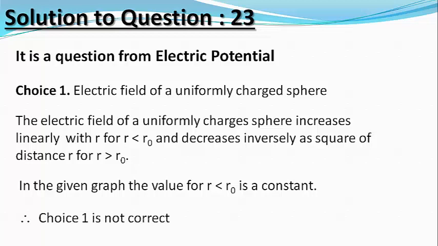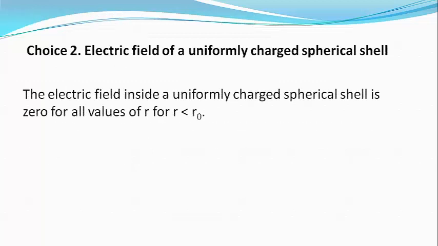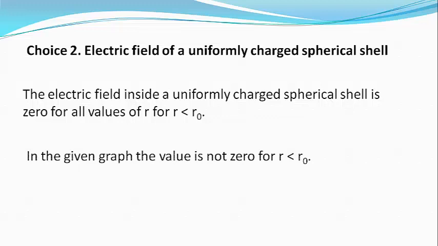Therefore, choice 1 cannot be the right answer. Choice 2. The electric field for a uniformly charged spherical shell is 0 for all values of r less than r0. However, in the given graph, the value is not 0 for r less than r0. Therefore, choice 2 is not correct.